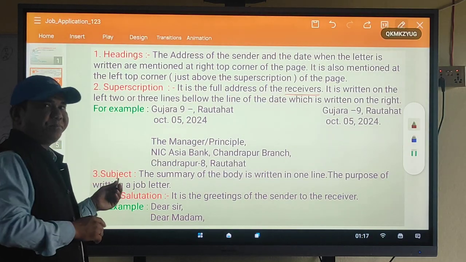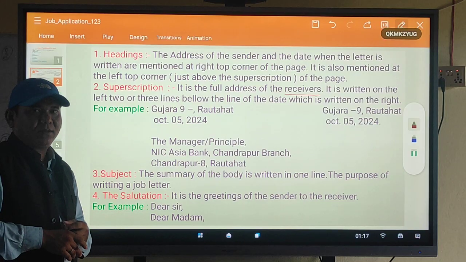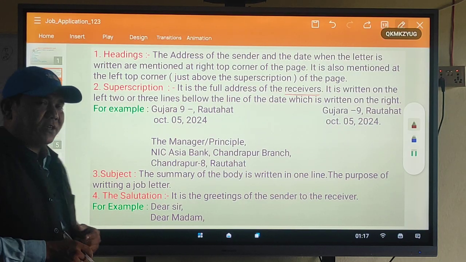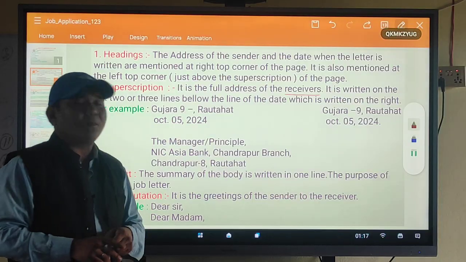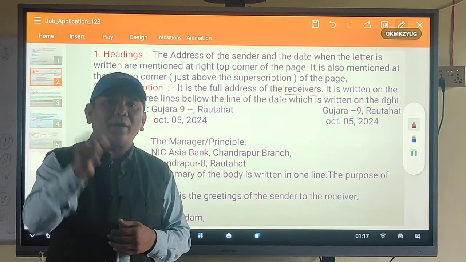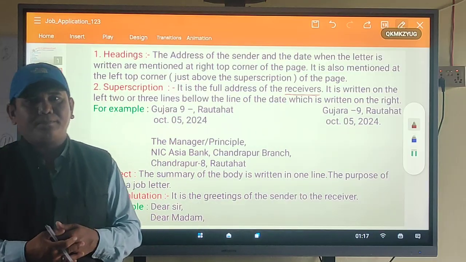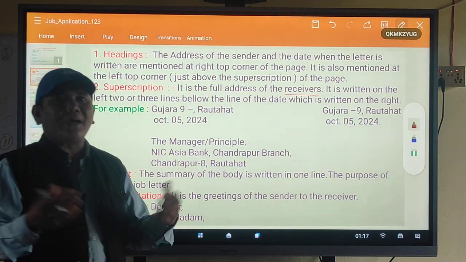The third step is subject. It is a simple step. In this step, the summary of the body is written. The summary of the body part is written here. It is written for the purpose of writing a job application.